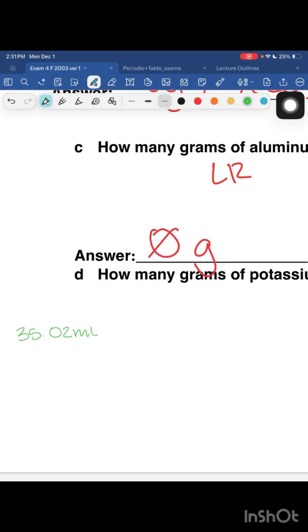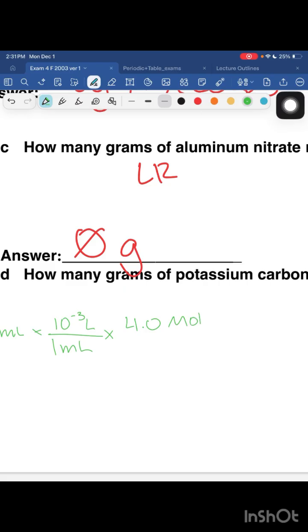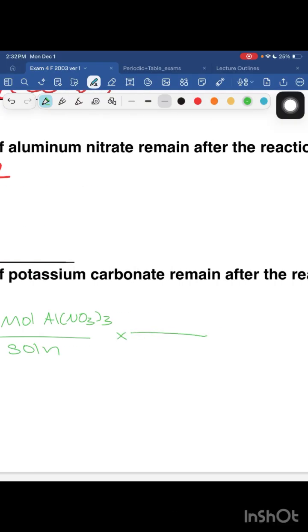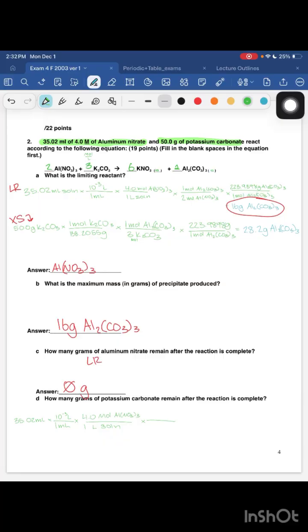35.02 milliliters times 1 times 10 to the negative 3 liters for every 1 milliliter, times 4.0 moles of Al(NO3)3 for every 1 liter solution, times, now here is where it gets different. We have 2 moles of aluminum nitrate for every 3 moles of potassium carbonate.